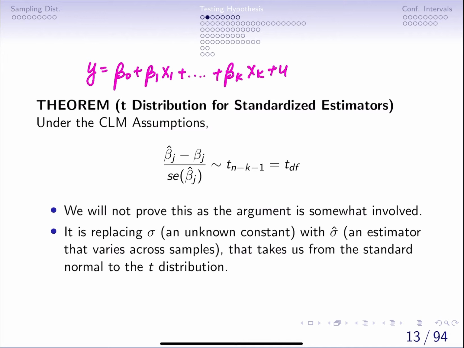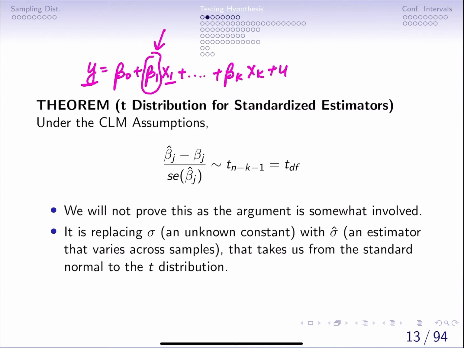So if this is the population parameter, if I want to capture the effect of x1 on y, then I want to make some hypothesis about beta 1, because there's no way for us to know what beta 1 is. So we have to hypothesize what that might be. So in order to do that, we have to test our hypothesis about some particular value of beta 1.